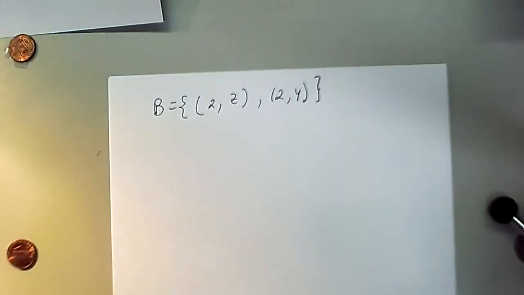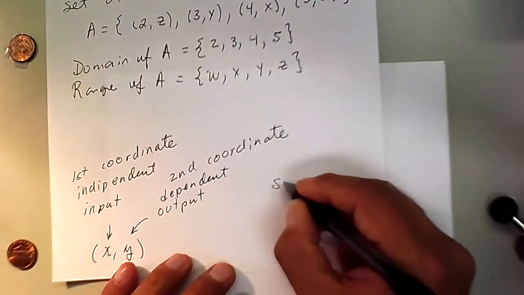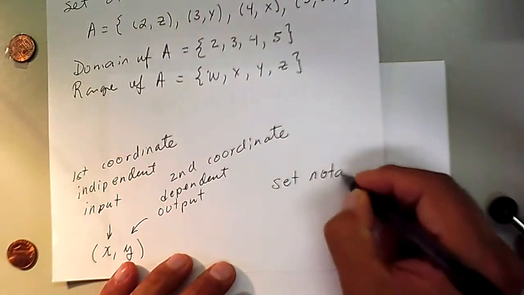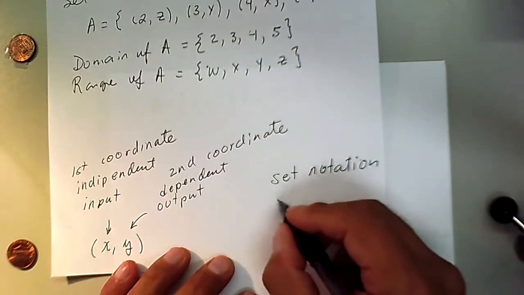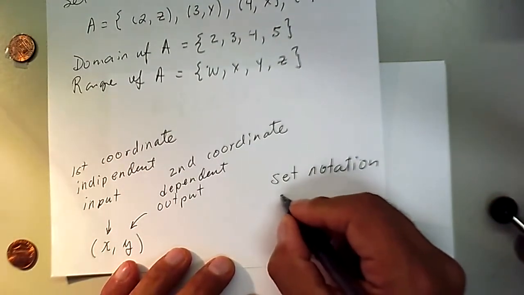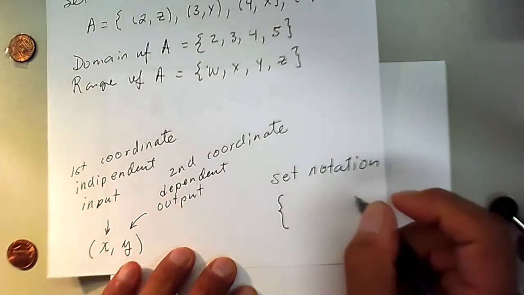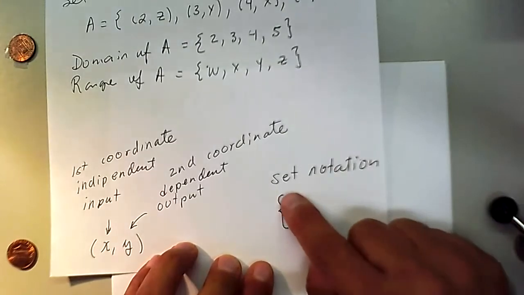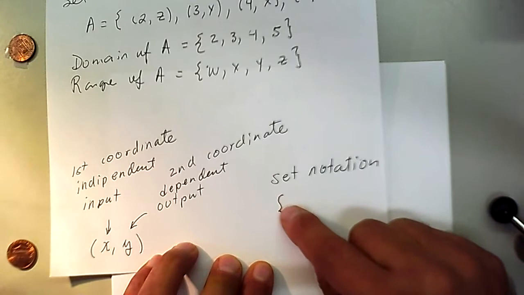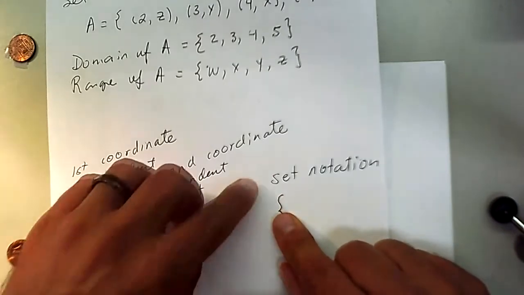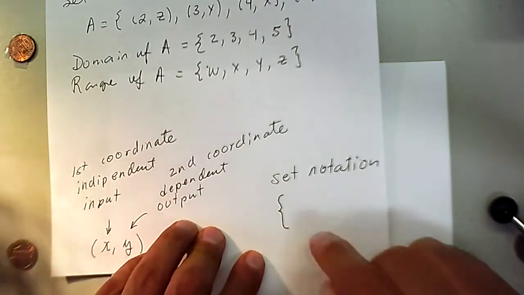Before I continue, I'm using set notation, which is a set of brackets that are kind of curly, like that. Some people have a hard time drawing them. One suggestion is to draw a sort of stretched S. If you just look at this part, it looks like an S, and then the S backward, and that creates this.